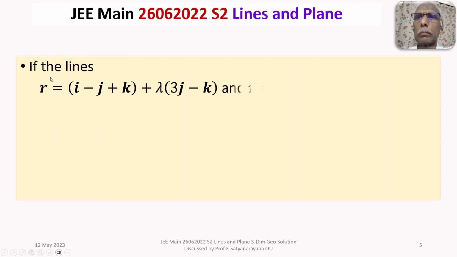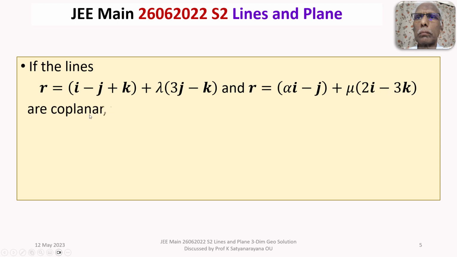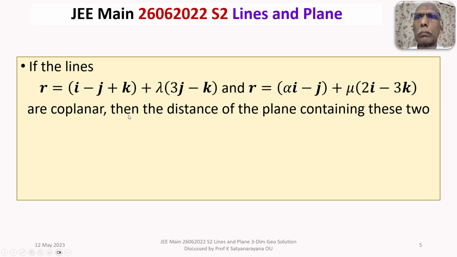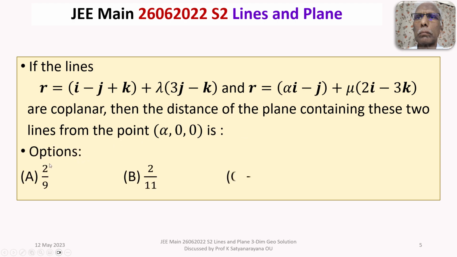The given question is: if the lines r is equal to i minus j plus k plus lambda times 3j minus k, and the second line r is equal to alpha i minus j plus mu times 2i minus 3k are coplanar, then the distance of the plane containing these two lines from the point alpha, 0, 0 is, we are given four options.